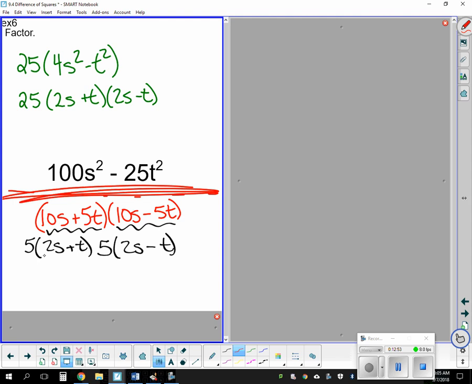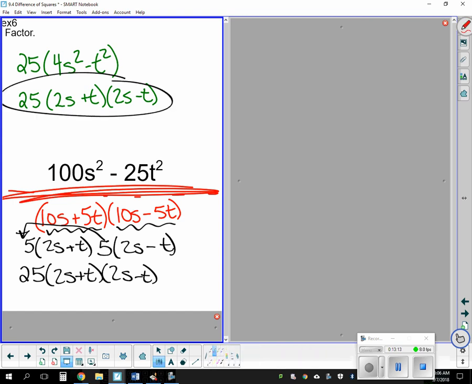Well, we don't leave things like this. This number would have to come out to the front. So 5 times 5, and order of operations doesn't matter because it's multiplication, and in multiplication you can switch the order. So 5 times 5 would be 25. And then these, which is the same thing I got up here.